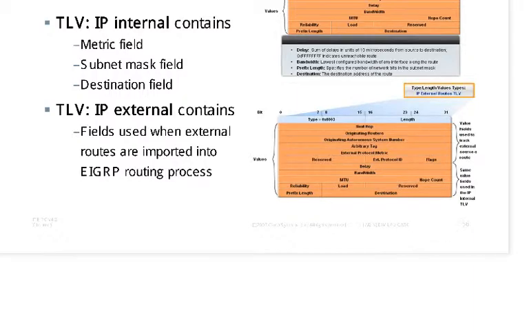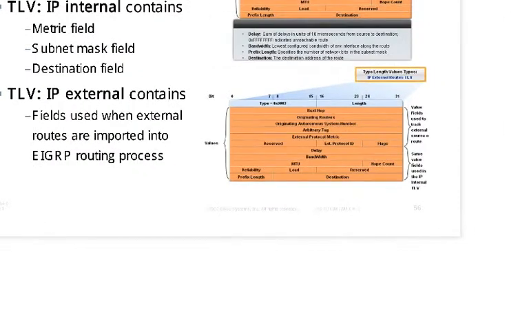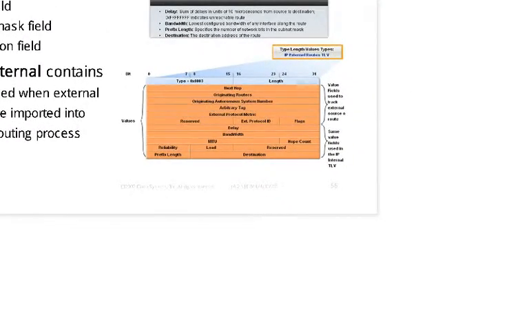In the external routing information, in addition to the normal information that we receive as part of the routing information, which again includes load, reliability, bandwidth, and so on, and the destination, the subnet mask, and so on, similar to the internal, you also need to communicate the external source, the originating router from the other autonomous system, the autonomous system ID, and so on.